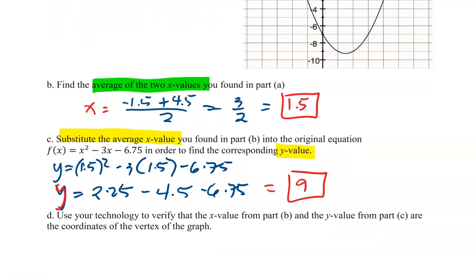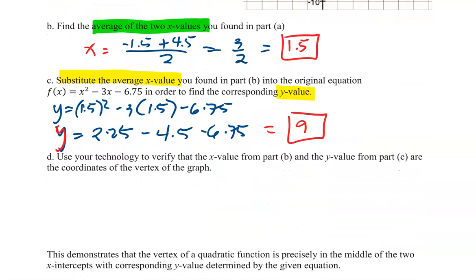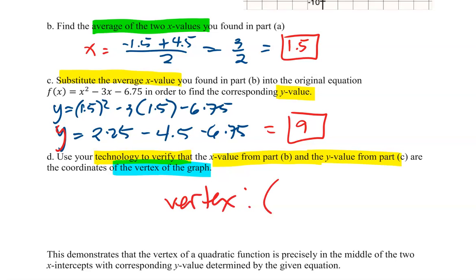Okay, then use your technology to verify the x value and the y value from B and C, and those are the coordinates of the vertex of the graph. So the vertex's x coordinate is 1.5 and the y coordinate is negative 9.